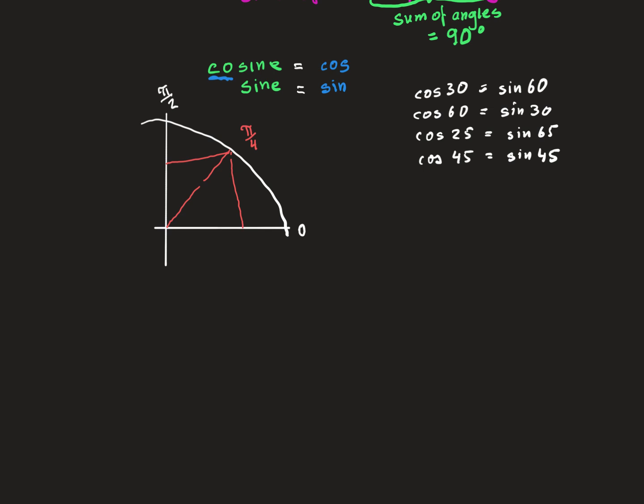So we can write that cos pi on 2 is equal to sine 0, and cos 0 is equal to sine pi on 2. Also we can write that cos pi on 4 is equal to sine pi on 4.